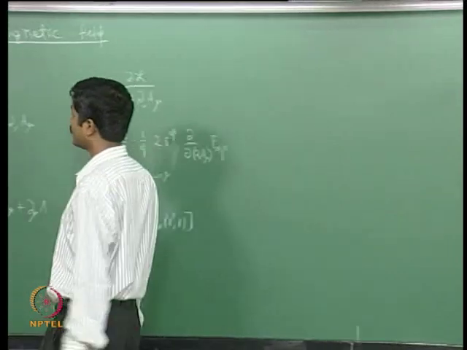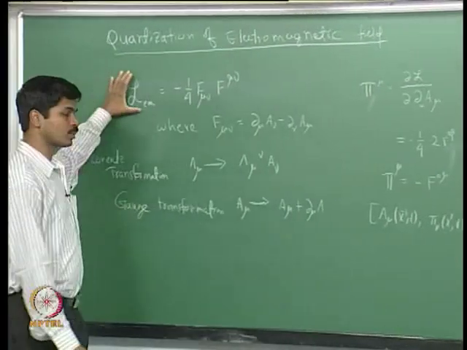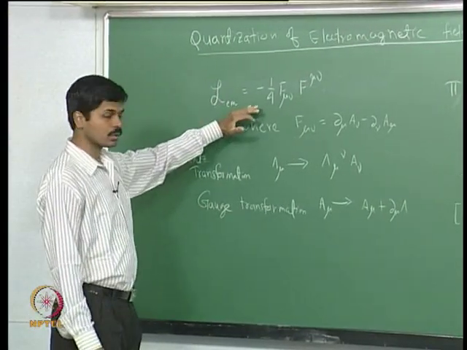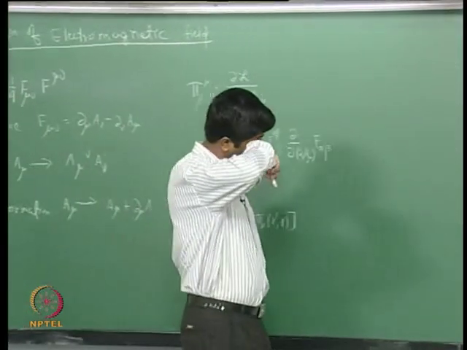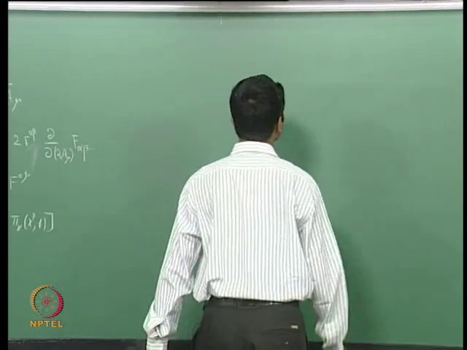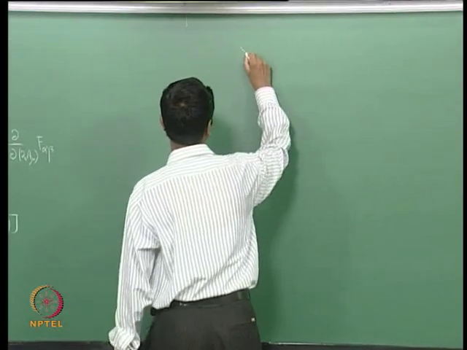Let's write the equations of motion corresponding to this Lagrangian in a non-covariant way. So, what are the equations of motion?